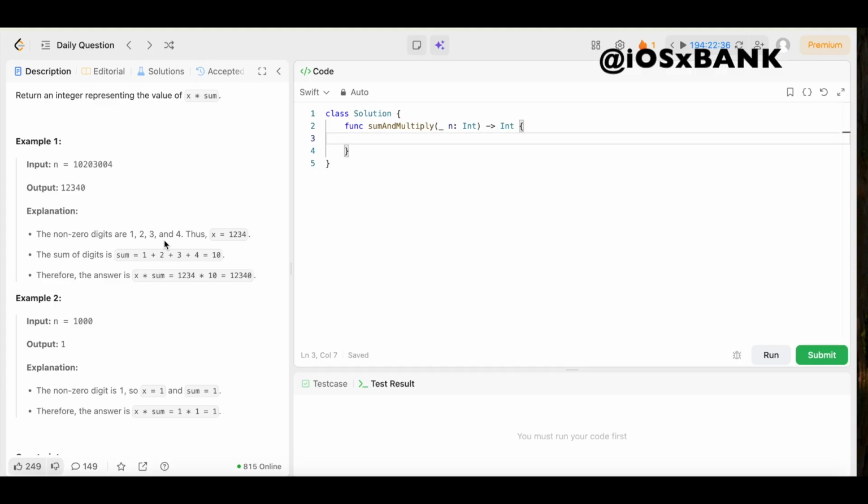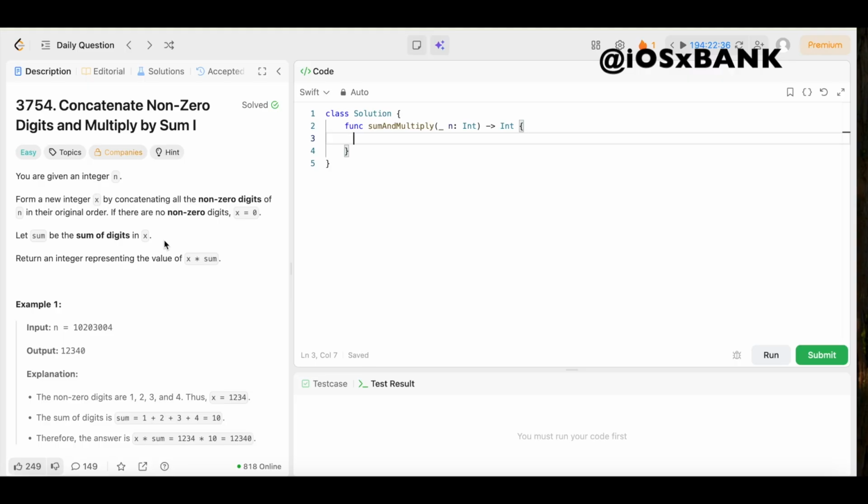Now that we understand the question, let's get into the fun part, the actual solution. The solution is not that difficult at all. First thing we need to do is convert the integer into a string and remove all of the zeros.